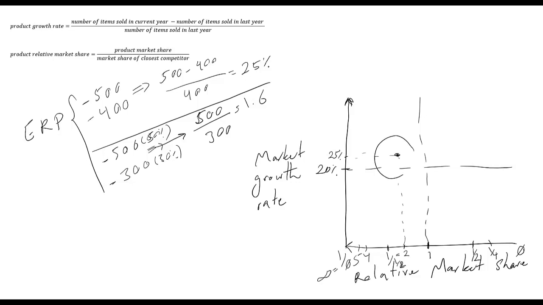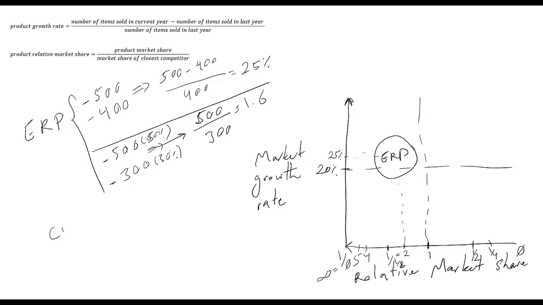We just, for example, draw a circle like this. So this is the ERP solution. This is where ERP is located in our BCG matrix.